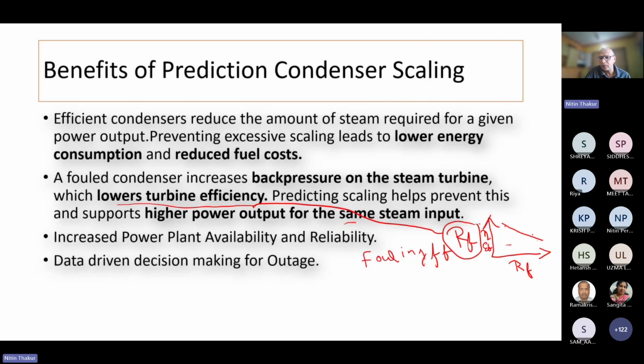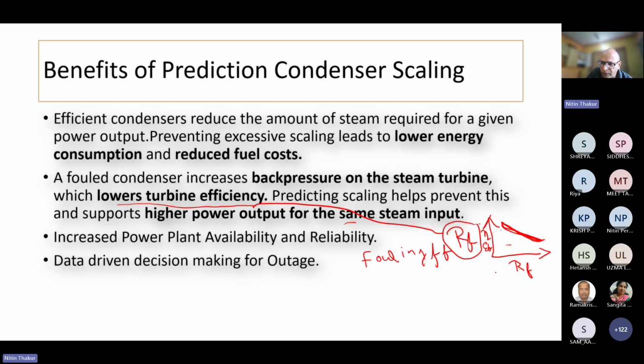As the fouling or the scaling in the condenser increases, the efficiency of the turbine to make electricity is dropping.